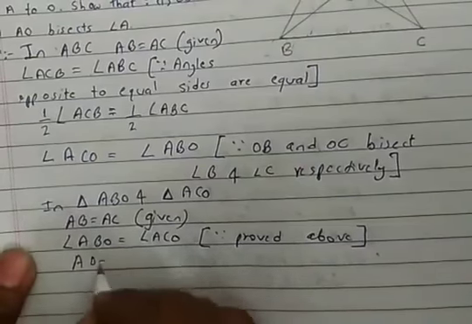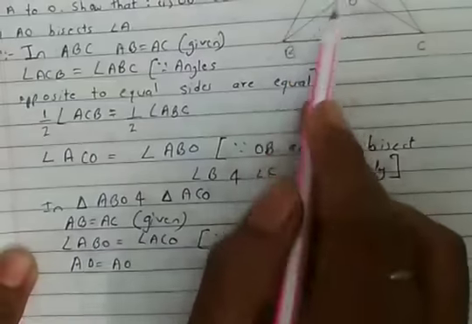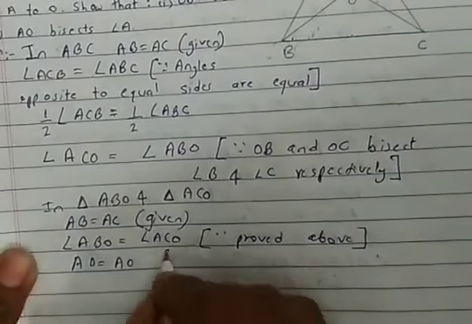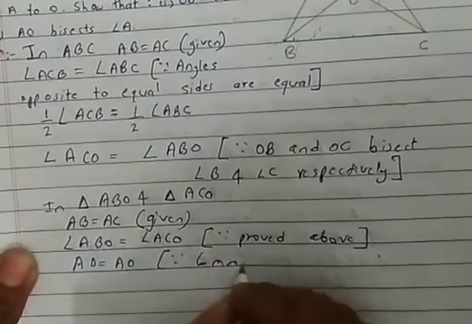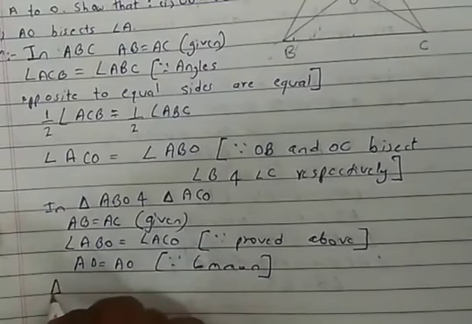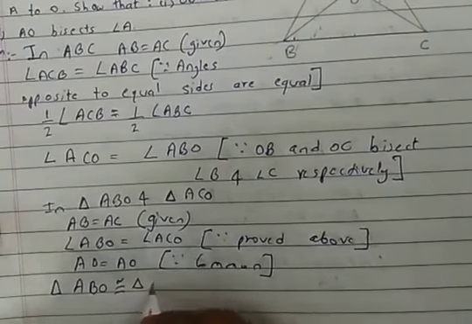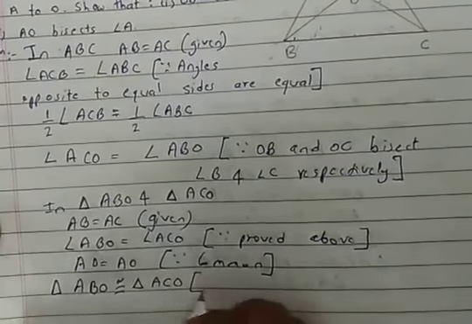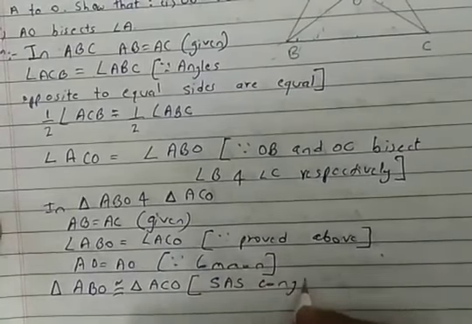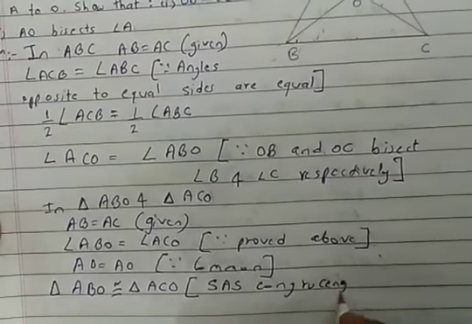Now AO is common, right? AO is common for both triangles. So you have to write it because it is common. So now you can prove that hence triangle ABO is congruent to triangle ACO. How we can say that? Because of side angle side congruency rule.